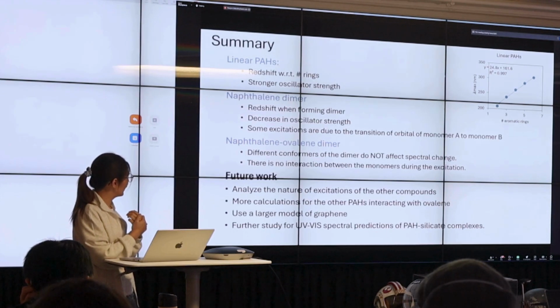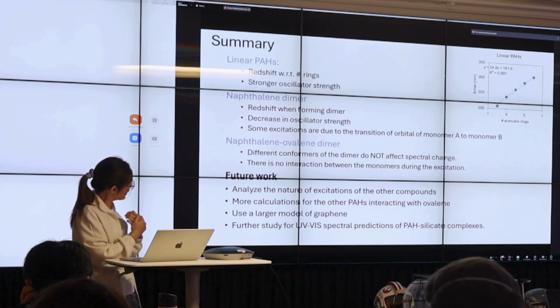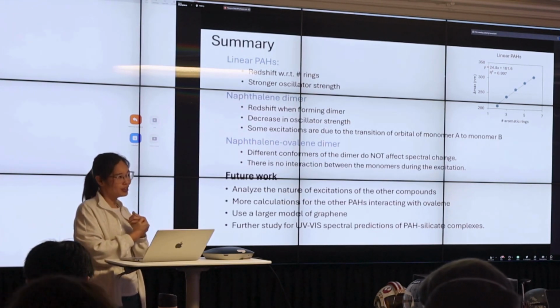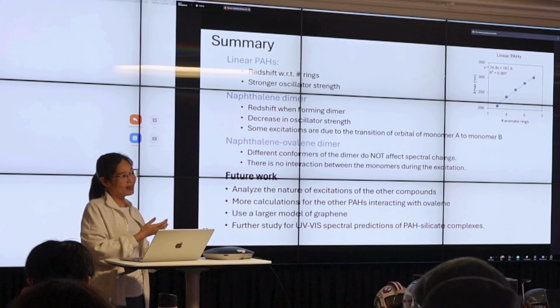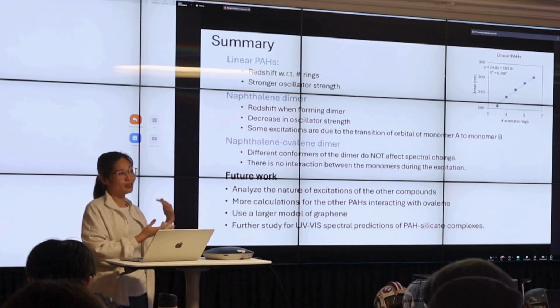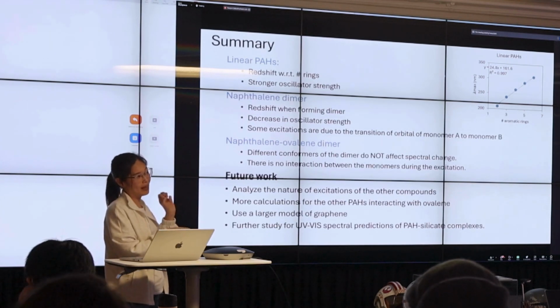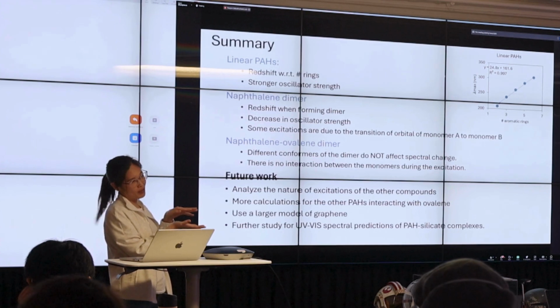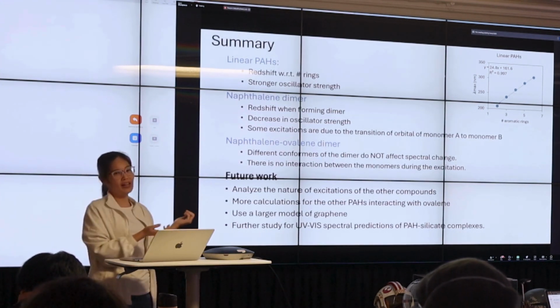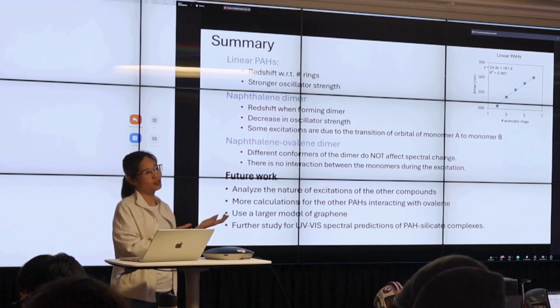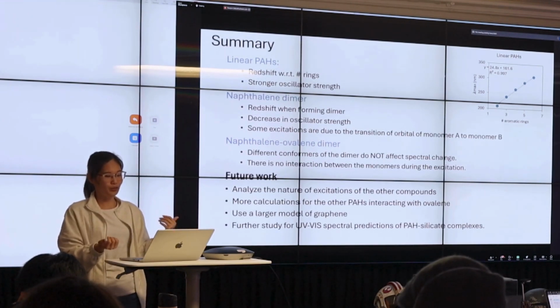If I try that and am confident enough that the result is consistent, it could be the case that the UV spectra from the experiment might not be due to the interaction between the naphthalene or the PAH with graphene. In the interstellar medium, the surface could also be silicon, which could be another surface for me to test.